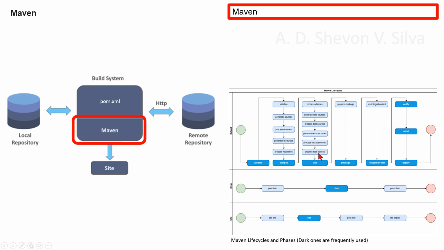Then process test classes: post-process the generated files from the test compilation, for example, to do bytecode enhancement on Java classes. Then test: run tests using a suitable unit testing framework. These tests should not require the code be packaged or deployed.